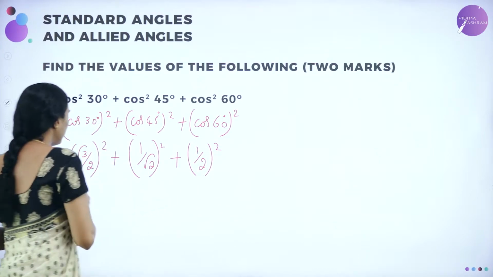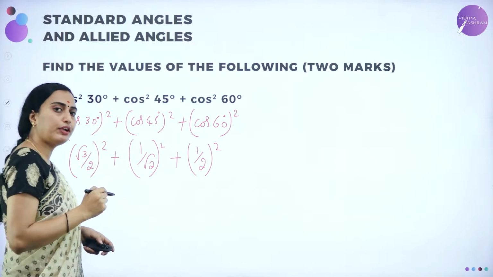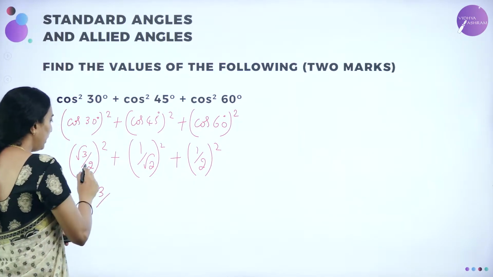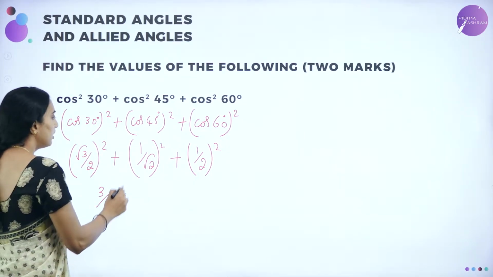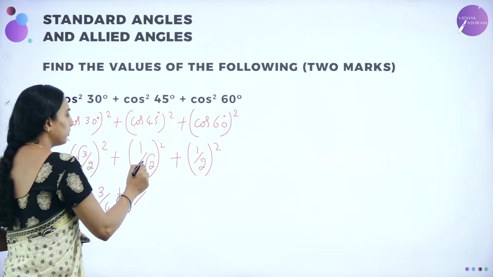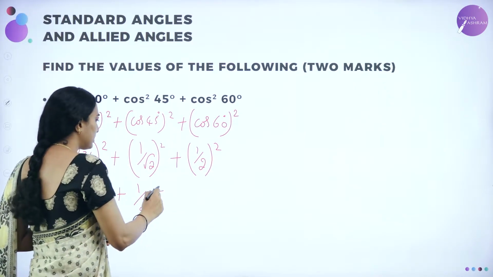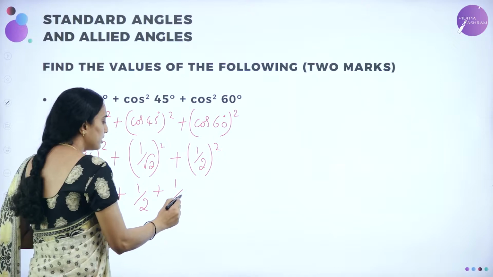Solving this, root 3 by 2 whole squared is root 3 whole squared is 3, 3 divided by 2 squared is 4, plus 1 by root 2 whole squared, 1 squared is 1 divided by root 2 whole squared is 2, so 2 will go, root will go, you are going to have 2, plus 1 squared is 1, 2 squared is 4.